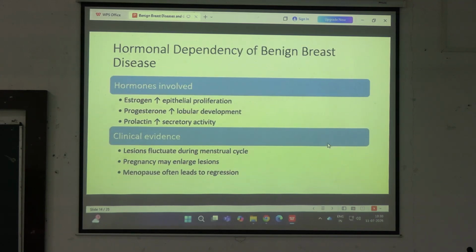The hormone dependency we already know: the most important is estrogenic stimulation. Estrogen stimulates epithelial proliferation, progesterone stimulates lobular development, and prolactin stimulates secretory activity. These hormones are involved in benign breast diseases.